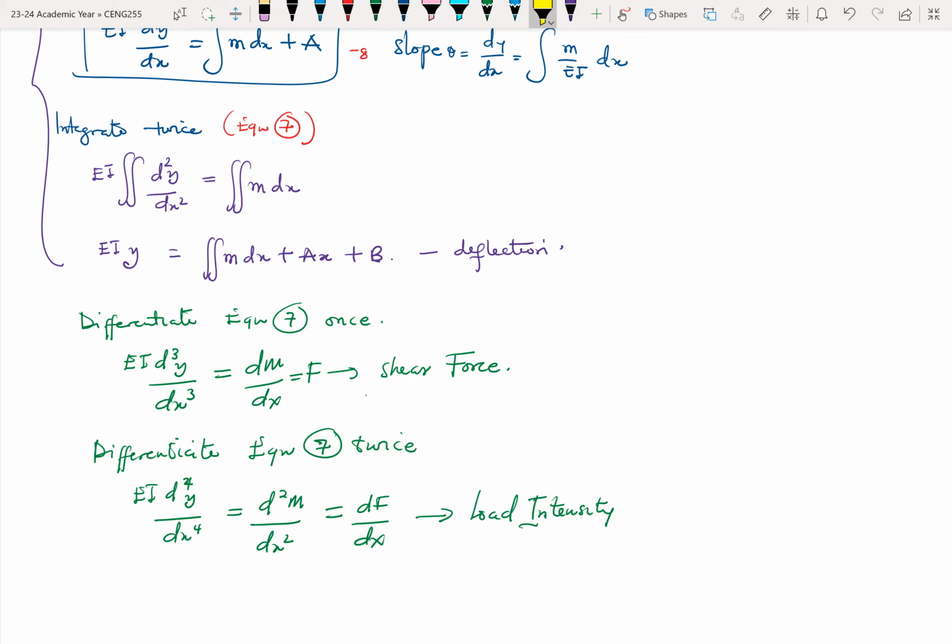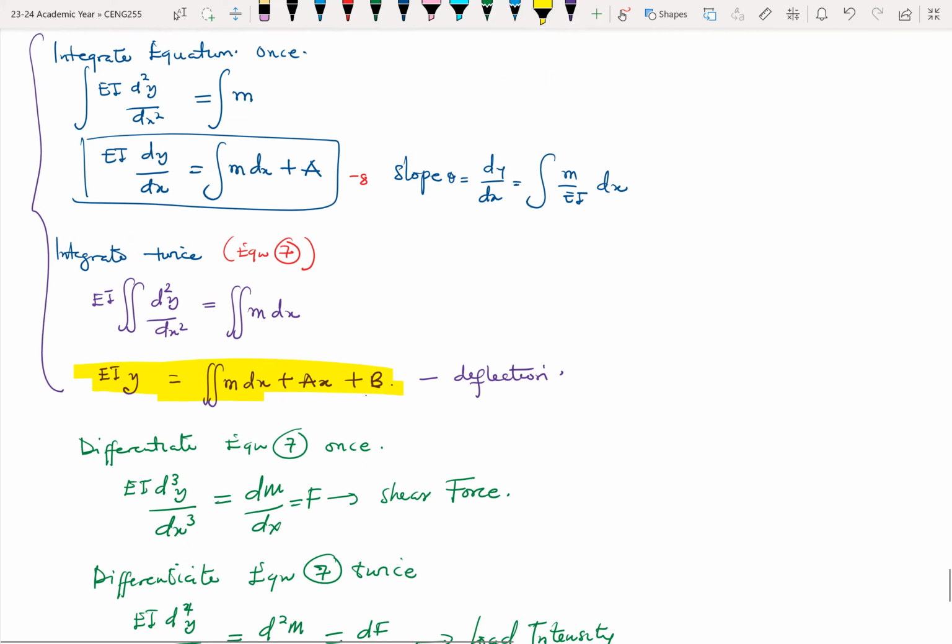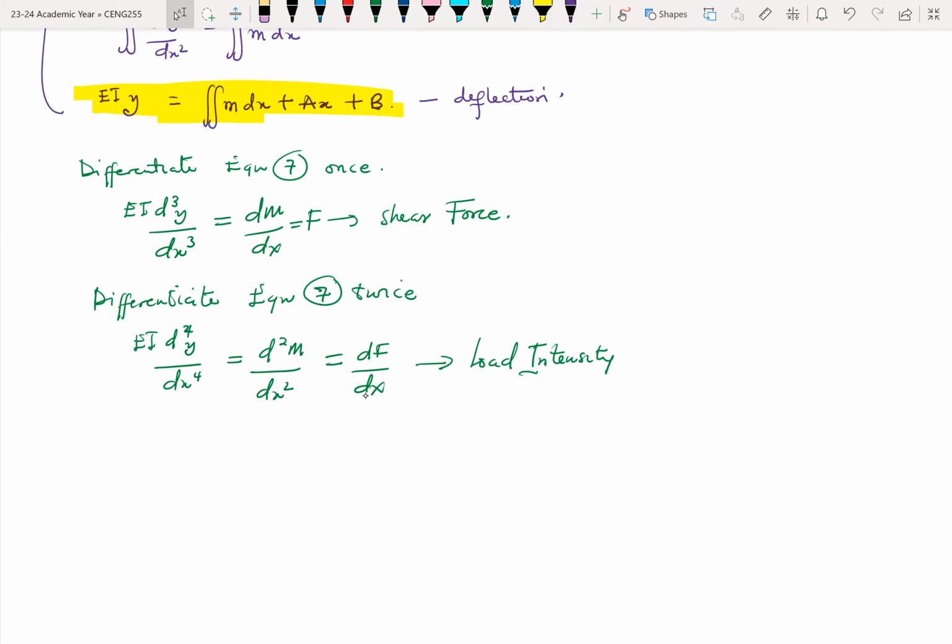So one of the most common equations you find yourself coming across are these two. Okay. You are already aware of the shear force equation from your basic structures class.